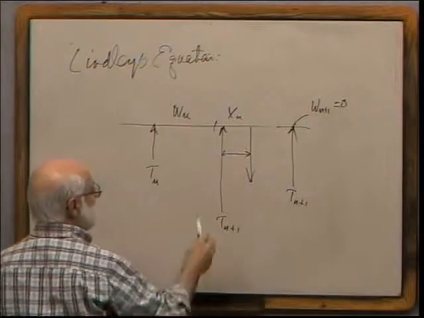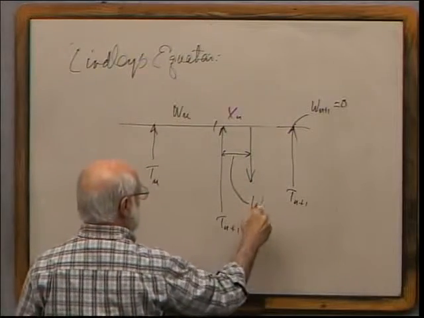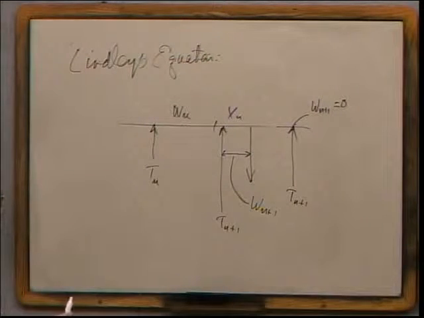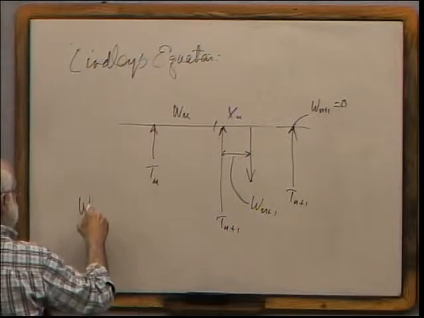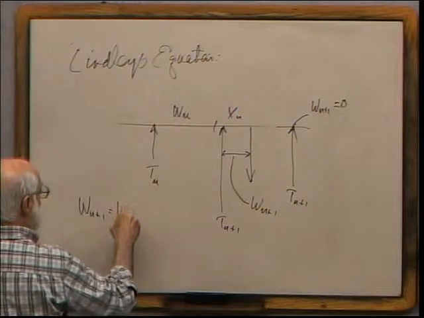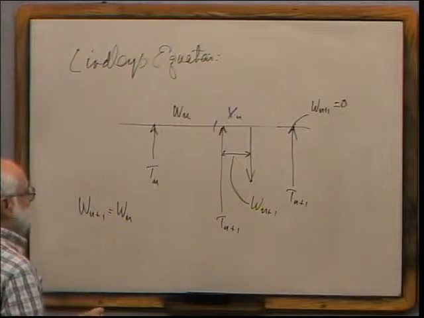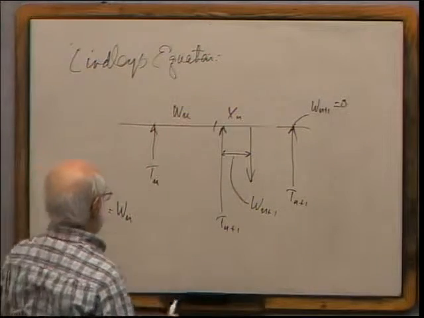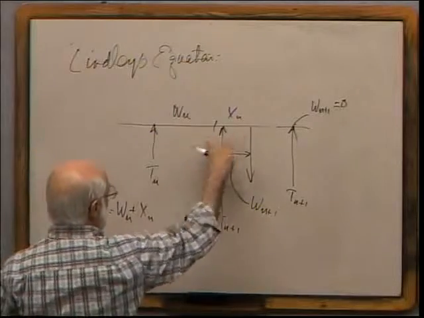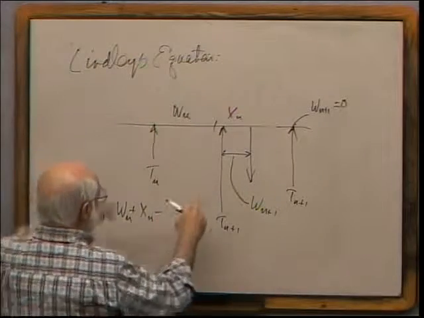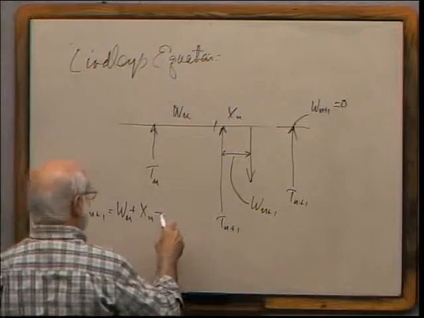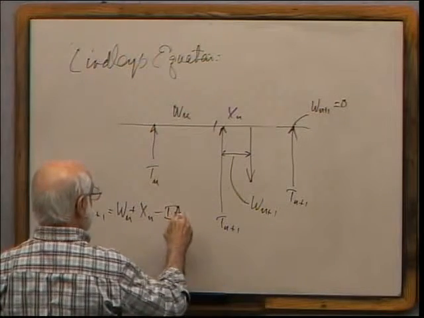So that's going to be w sub n plus 1. So the waiting time for customer n plus 1 is equal to the waiting time for the previous customer, that's this amount, plus the service time for the previous customer, that's this amount, minus the time that separates their arrivals. And we call that the inter-arrival time. I'll call it IA sub n.